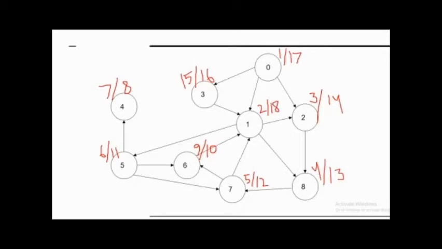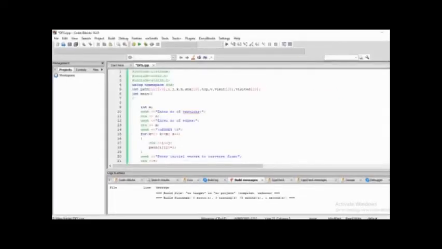Now we will see how to implement DFS in C++. In this part of the code, we declare some variables and take user input. We also initialize the finished node. Now we'll take a for loop and another loop inside it.